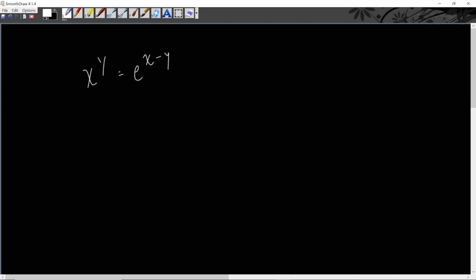Already, this is kind of a crazy function. The thing that immediately catches my eye is that we can do ln to both sides to get this e out of here. We'd have ln of x to the y equals x minus y.